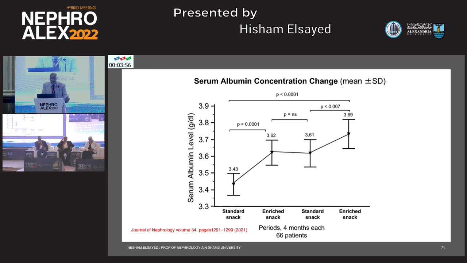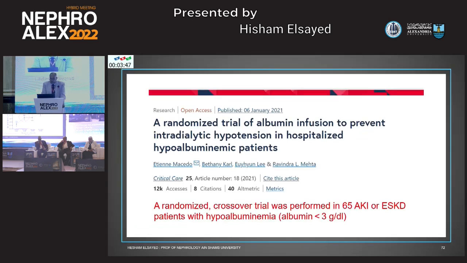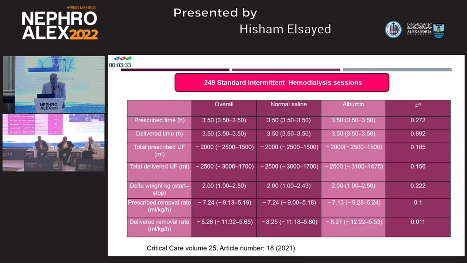We have to increase the protein content, because increasing protein in snacks will predictably increase serum albumin, plus other essential amino acids. There are few randomized trials of albumin infusion to prevent intradialytic hypotension, and usually the important point is a serum albumin below 3 grams per deciliter.